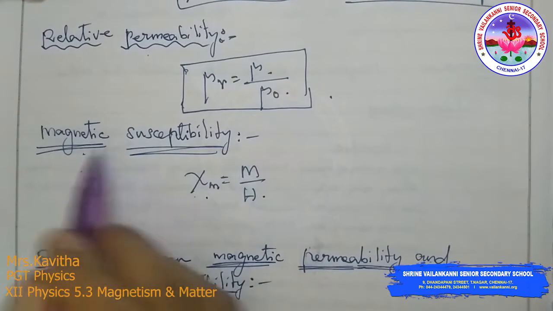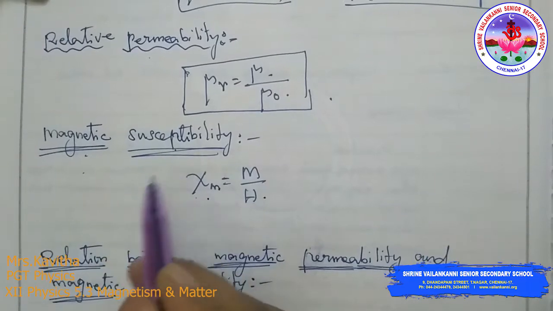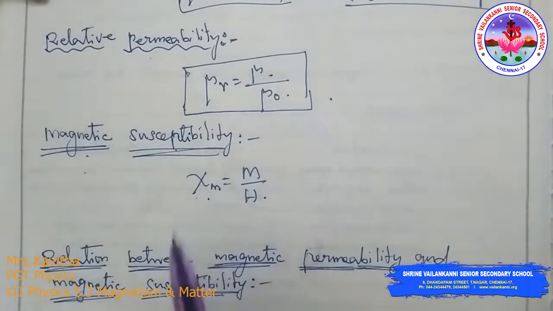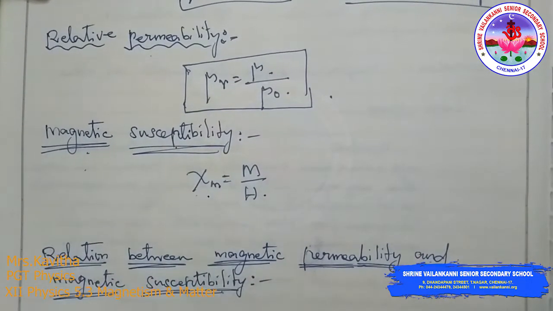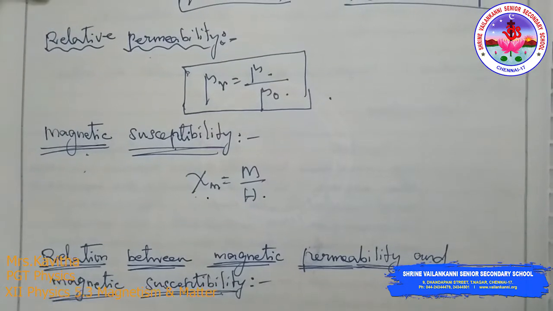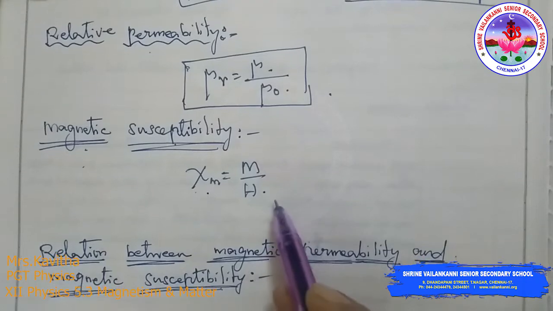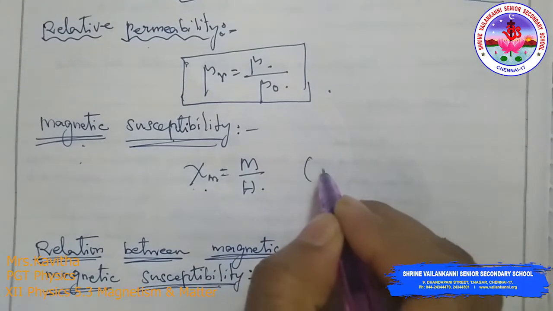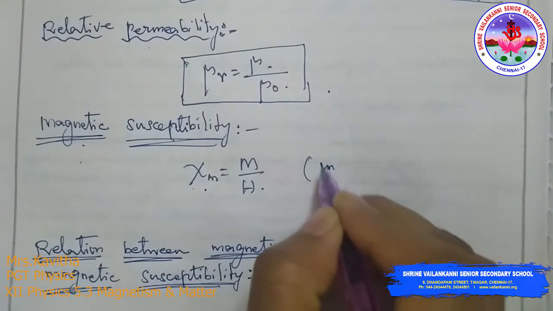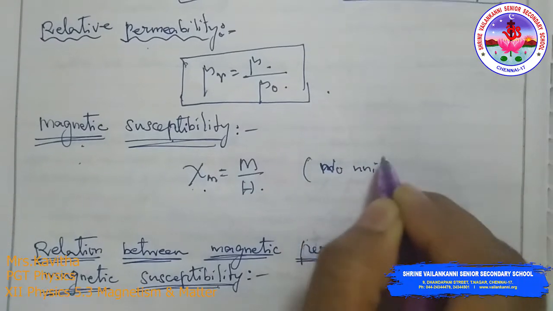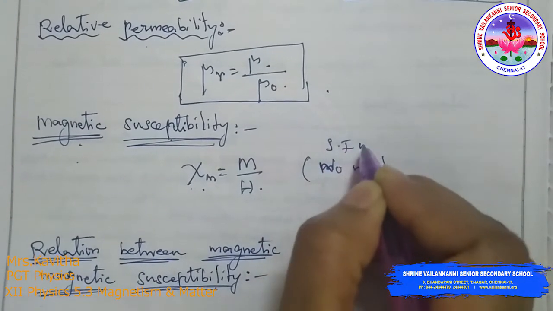As the magnetic susceptibility is the ratio of two quantities having the same units, ampere per meter, there are no units for this. You must know this, it has no SI unit.